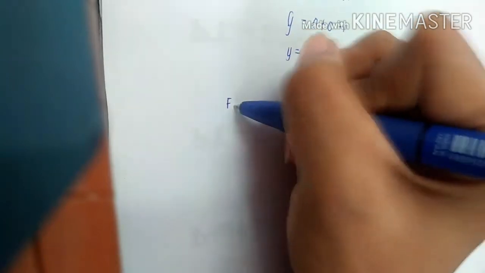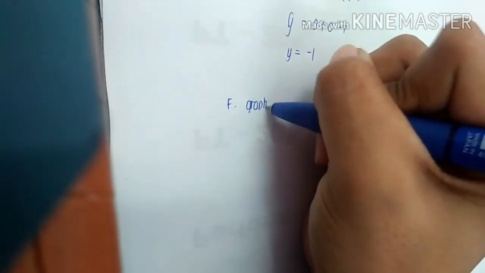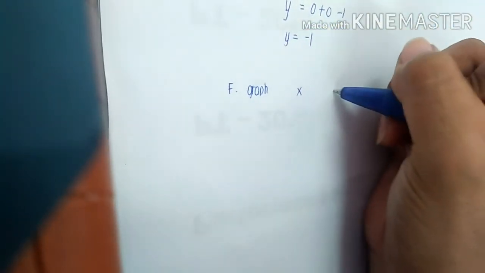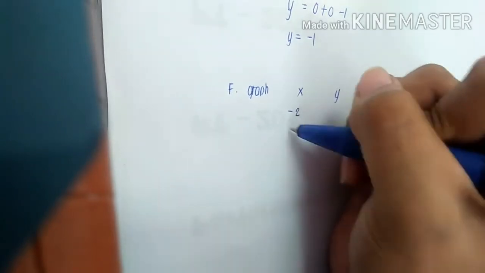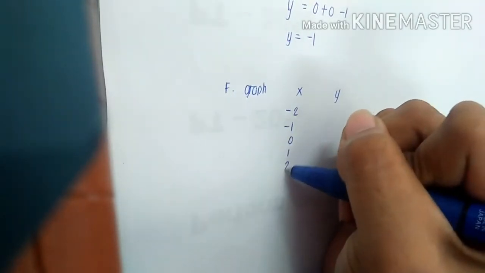So now let's go to graphing. Again, what to do to graph? We need to have a table of values first, using the values negative 2, negative 1, 0, 1, 2. So the last step, F, graph. X and Y. So this will be negative 2, negative 1, 0, 1, 2.